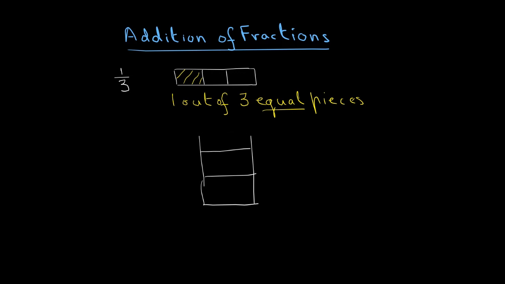So now there are three equal pieces, and I'm going to take one out of those three equal pieces. If this is 1 liter, this would be 1/3 liter of milk, right? Because this is 1/3 of that milk.